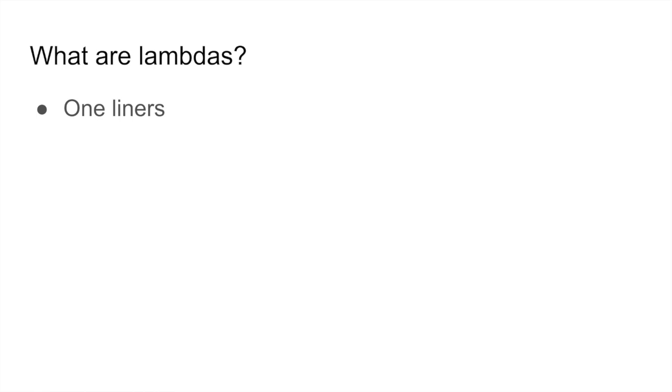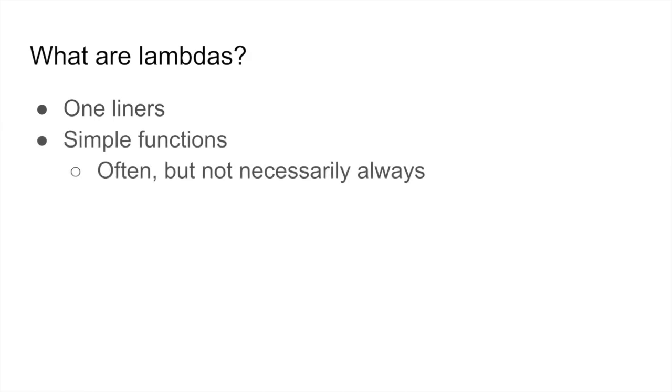Because of this one-line nature, oftentimes they end up being simple functions. I don't mean simple as in restricting their usage so much as their complexity. It gets a little more confusing using for loops, and that's not going to be as possible in lambda expressions. Most of the time they're just quick one-line expressions that return a result.